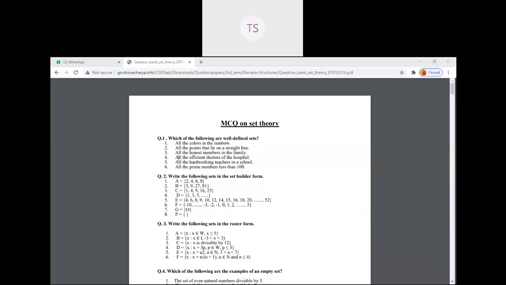Now option 4, all the efficient doctors of the hospital. Is it a well defined set?